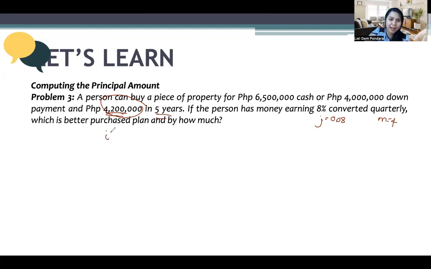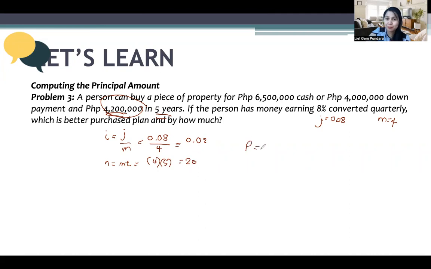So we have our I is J over M. That's 8% divided by 4 quarters in a year. That's 0.02. Our N is M times T, quarterly times 5 years, you have 20.